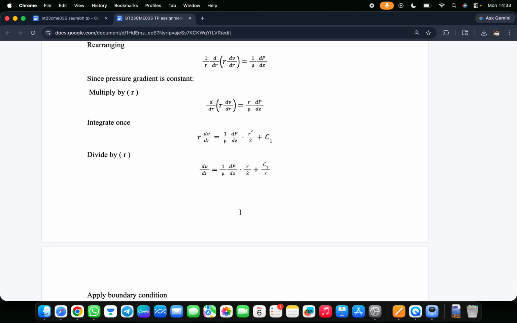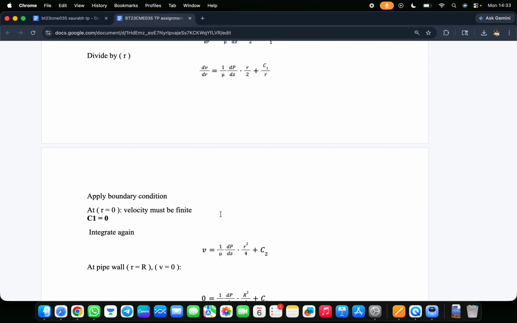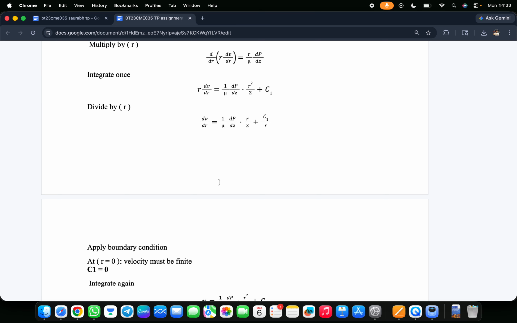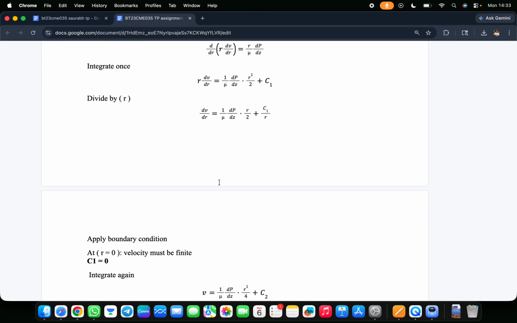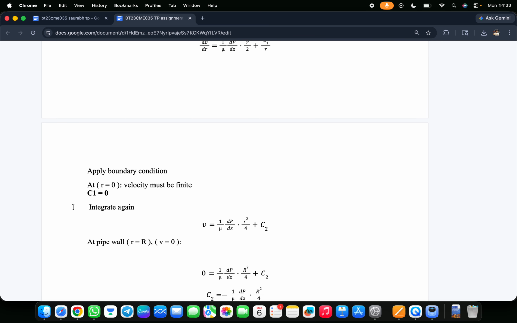Here we get that equation. Look at this equation very carefully. At r is equal to 0, there should be some finite value of velocity, so this term should be 0.